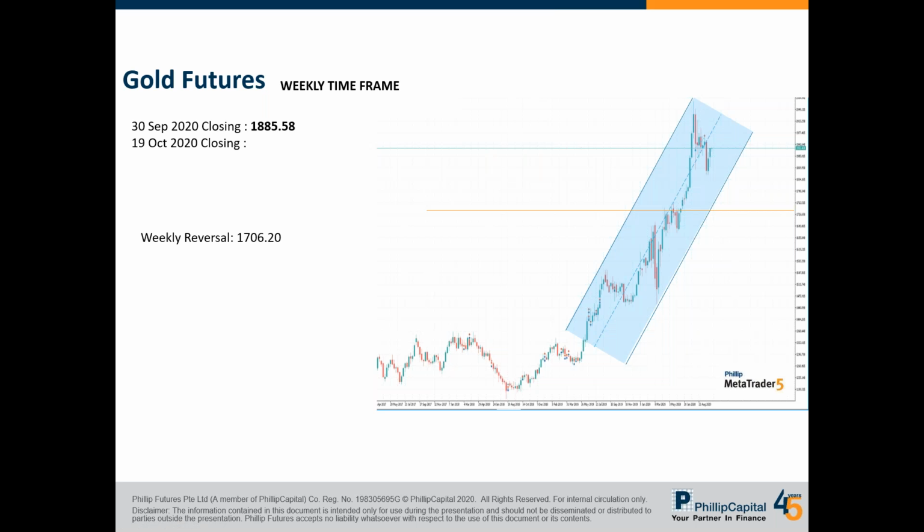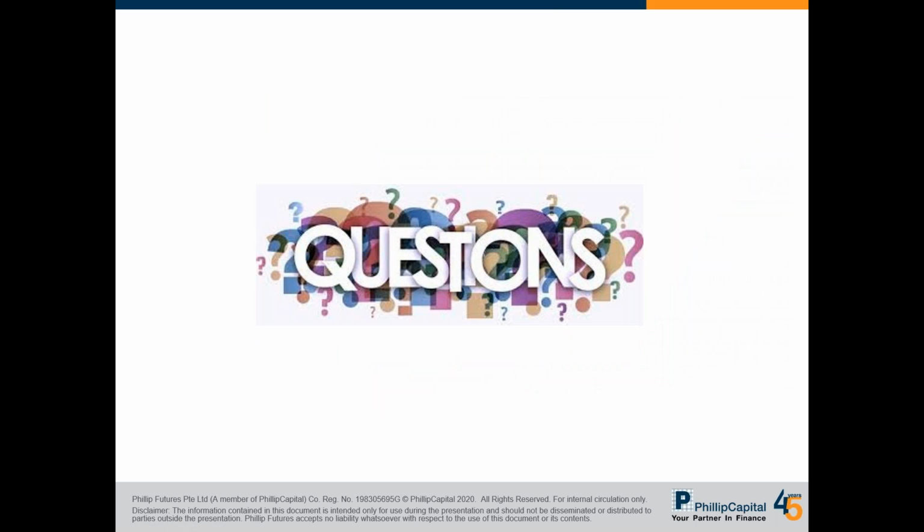So as long as price doesn't close below the weekly reversal of 1766 or 1706.20, sorry, the bull run should continue with some slight profit taking rebound. As long as it touches the lower channel, I will always think that there's an opportunity to get into the market. Okay, any questions so far?